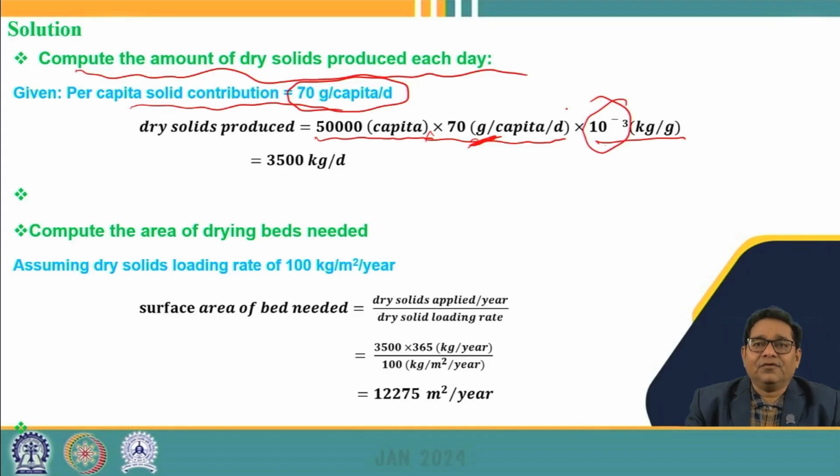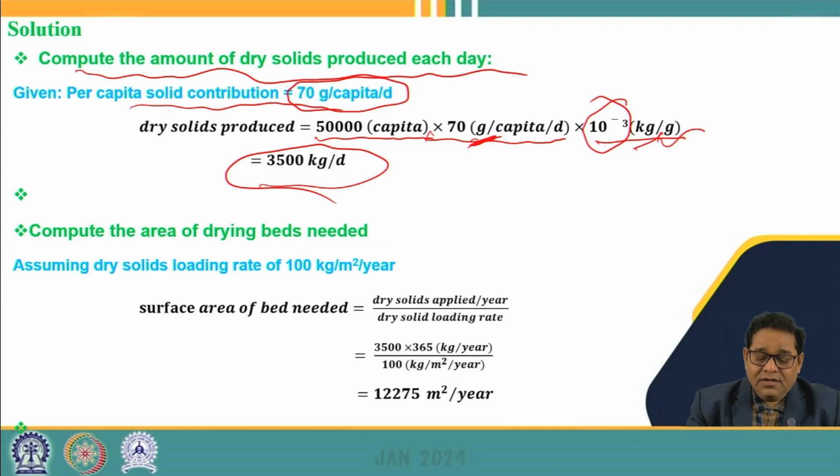If we estimate, we get the total dry solids produced, that is 3500 kg per day.